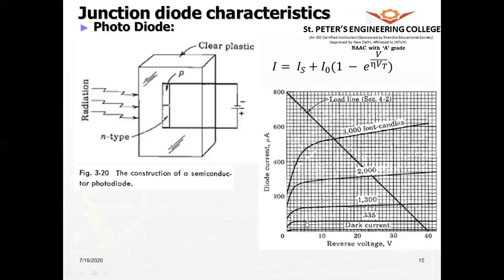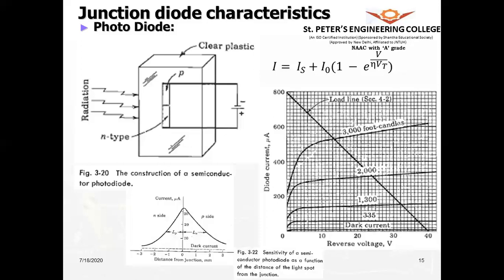This is what we can observe from the graph, the VI characteristics of this photodiode. The photodiode is very sensitive near the junction, and the sensitivity decreases as we go away from the junction. So when we project the light, it should fall more on the junction than away from the junction.